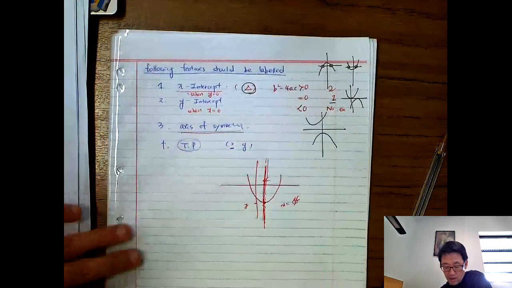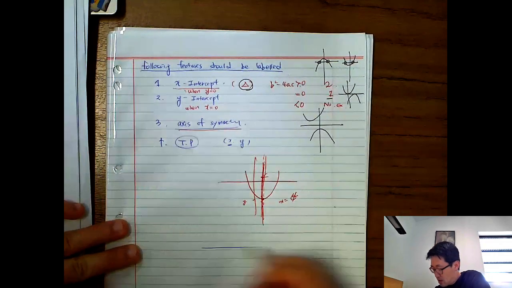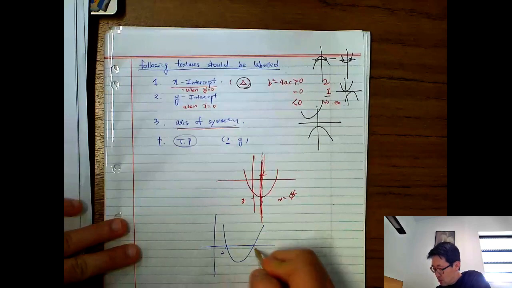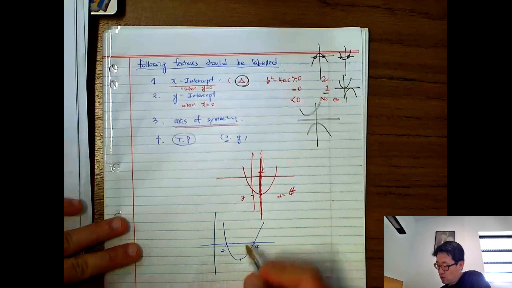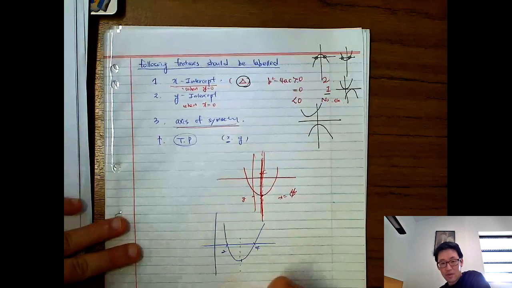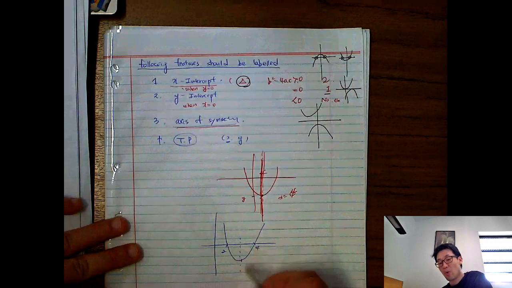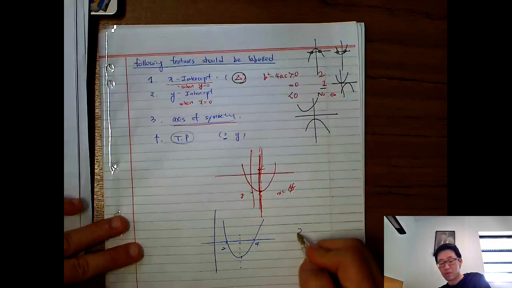Yeah. And in this book, they actually add one more thing. Let's say this is 2 and 4. Axis of symmetry is between those two, isn't it? So all we need to do is get the average between 2 and 4. How do we get the average?